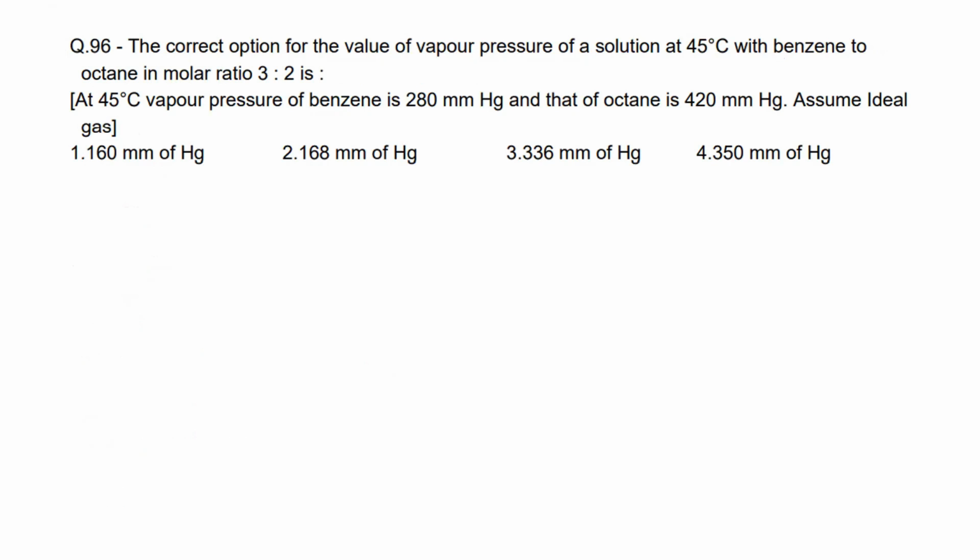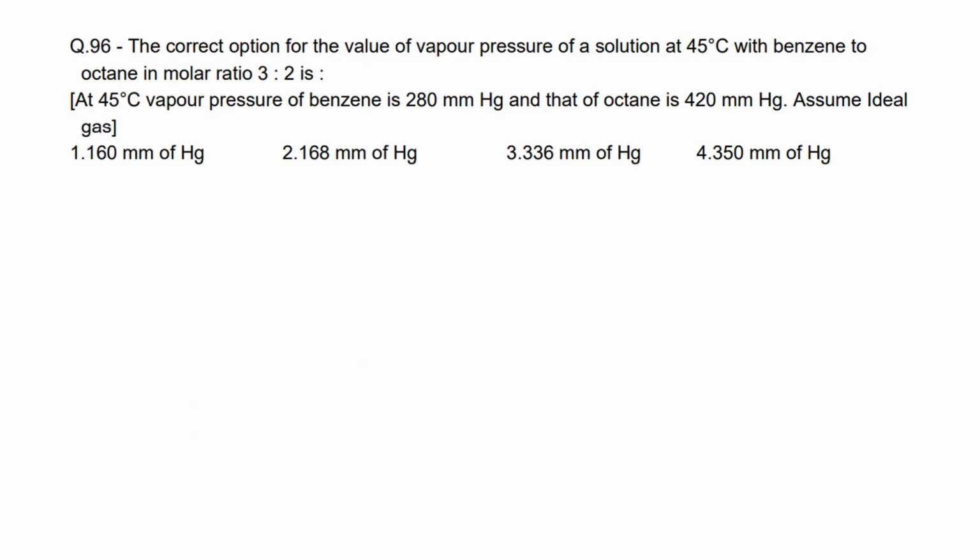So they have given the vapor pressure of pure components. Both components here, benzene and octane, are volatile components. So we have a mixture of both the components. So the total vapor pressure of the solution is equal to the vapor pressure of benzene plus the vapor pressure of octane.